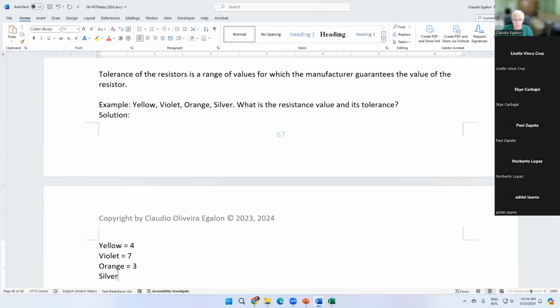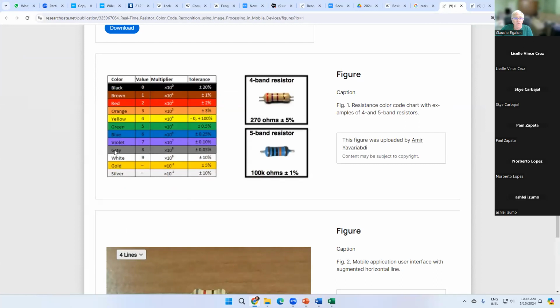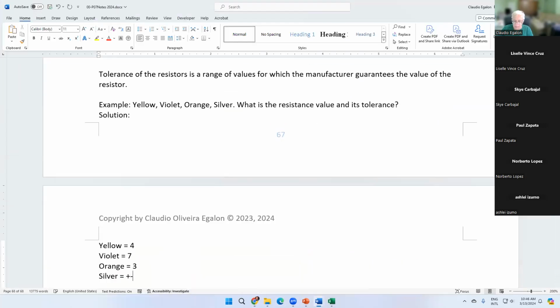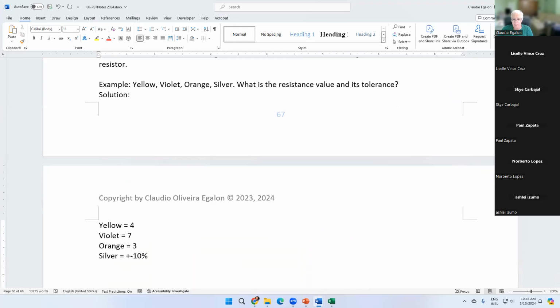And then silver is the tolerance, given in terms of percentage. Silver is plus and minus 10%. As a result, this resistor has the following value: 47 times 10 to the cube, and the manufacturer guarantees a tolerance of 10%.